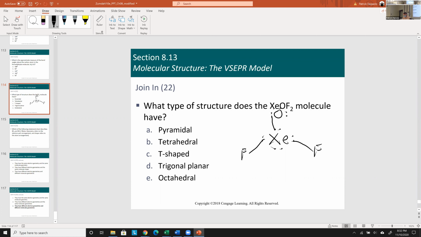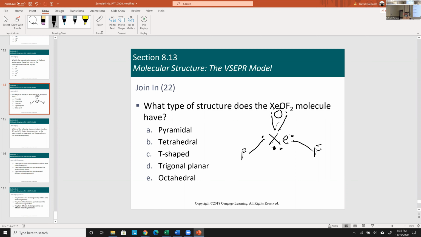Actually, it's probably going to make a double bond because then we'll have a lone electron. So it's going to make a double bond. After it's said and done, how many pairs of electrons are around the xenon? You have 1, 2 lone pairs, and you're going to have 3 atoms bound to it.